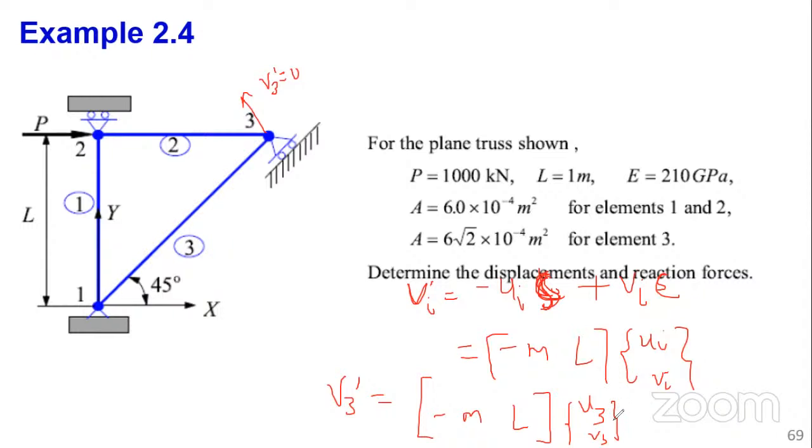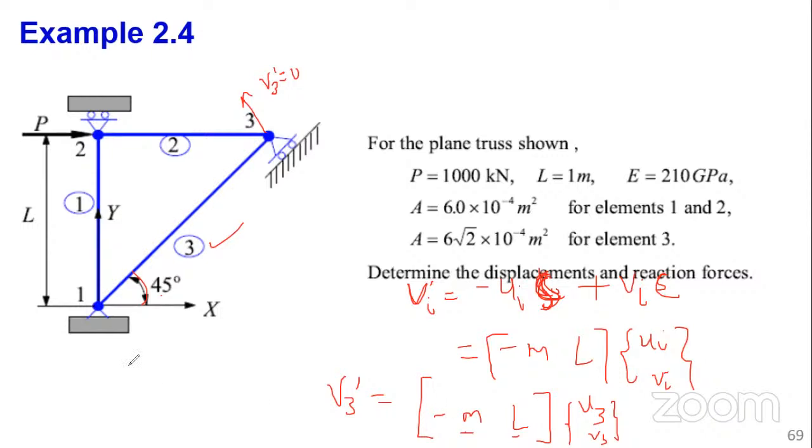So this one now becomes very simple because you just need to get the direction cosine M L for element 3, because we are talking of this 3, and the angle is 45. So you need to get cos 45, sine 45, cos 45.